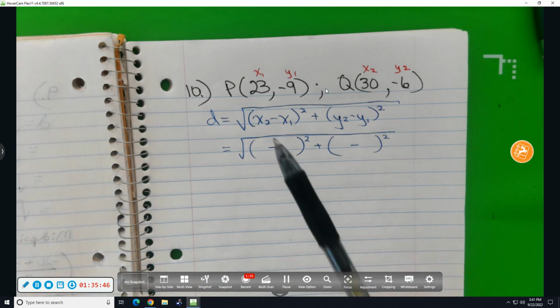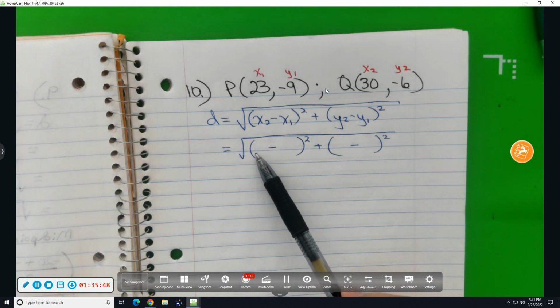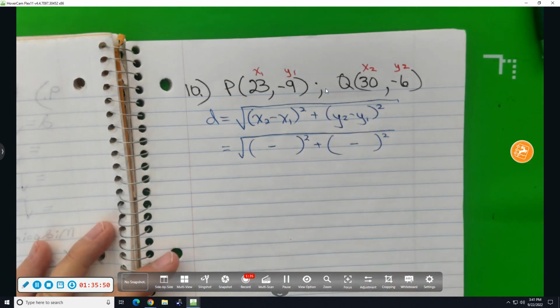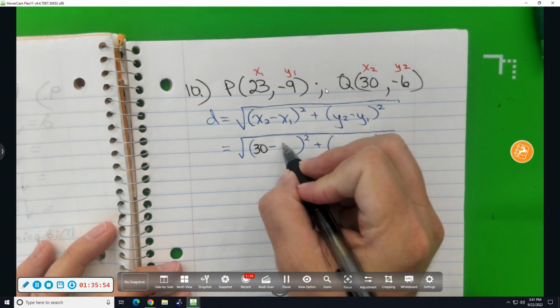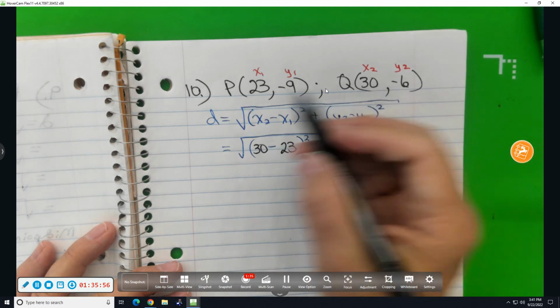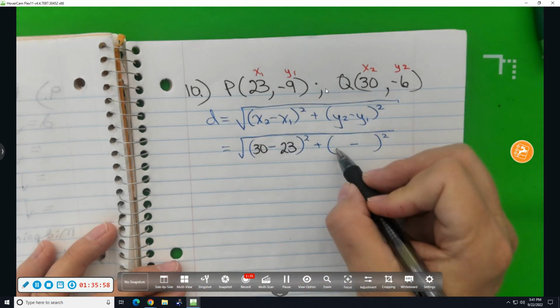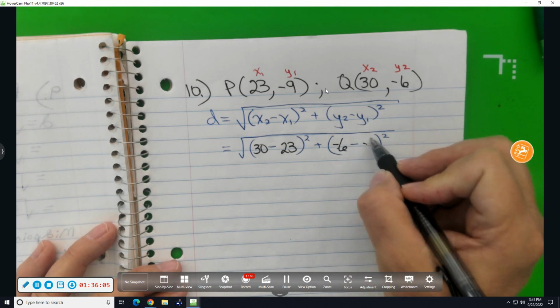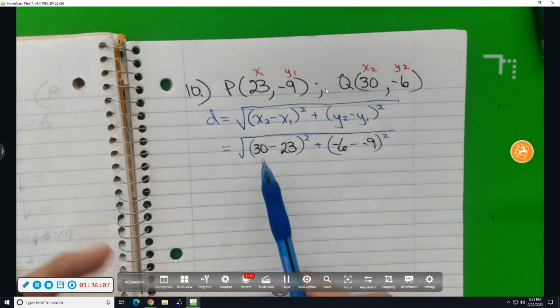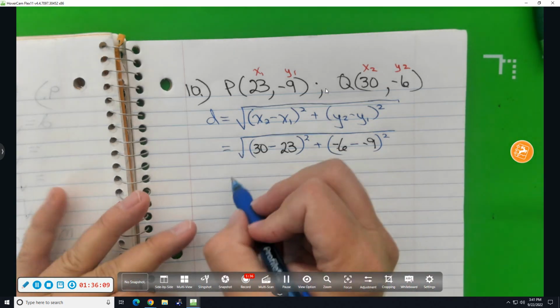Y'all call out what's going to go here. 30, I agree. 23, I agree. 30 minus 23, here. -6, here. Okay. Well, 30 minus 23, we know that's 7.